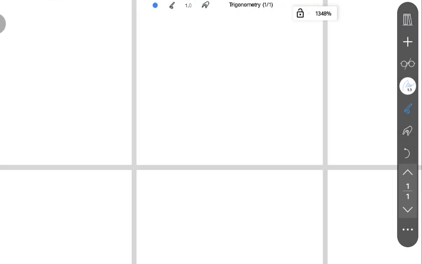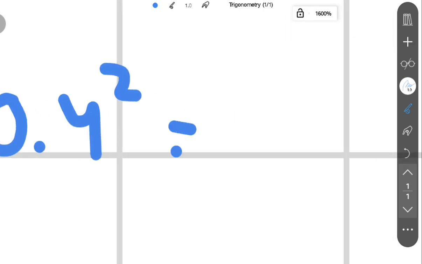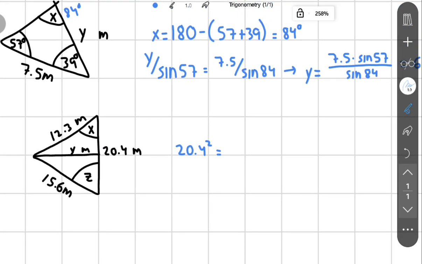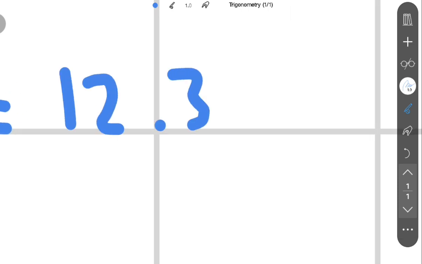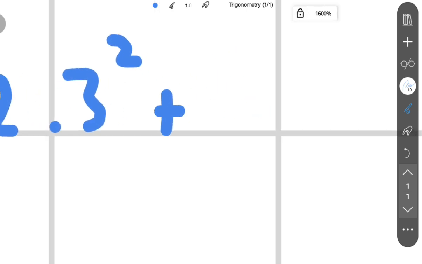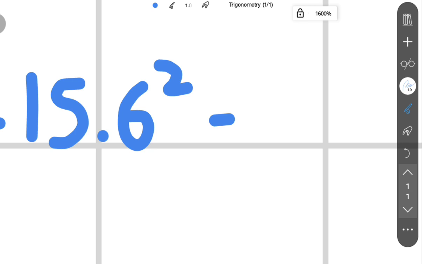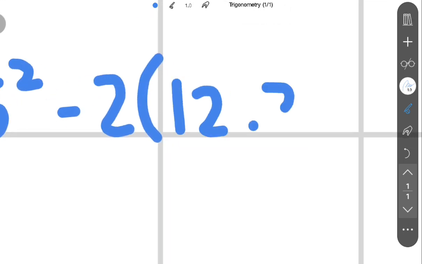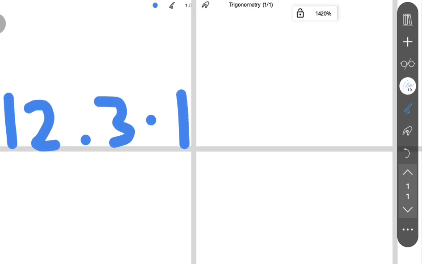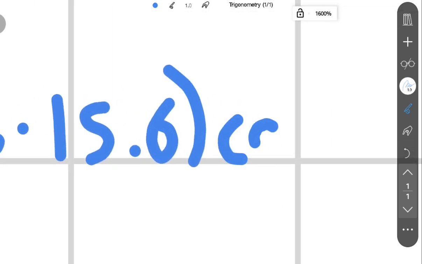So we have 20.4 squared is equal to both sides squared, 12.3 squared plus 15.6 all squared, minus 2, both sides multiplied, and then cosine, and let's just name it theta.